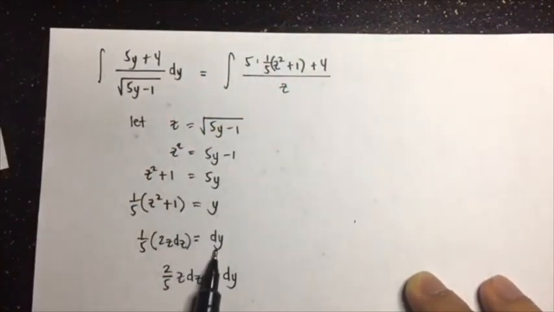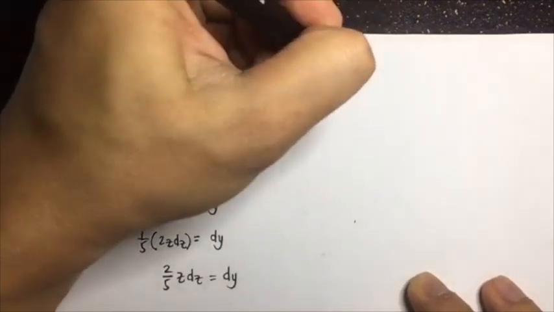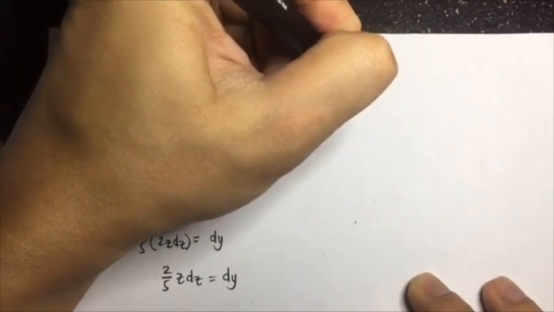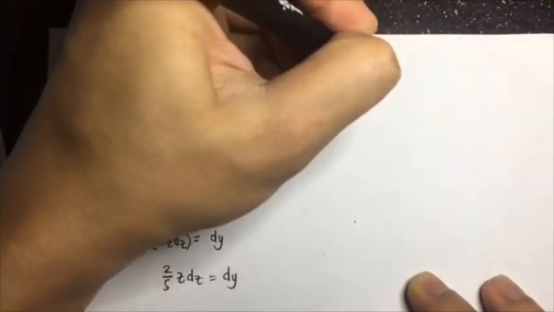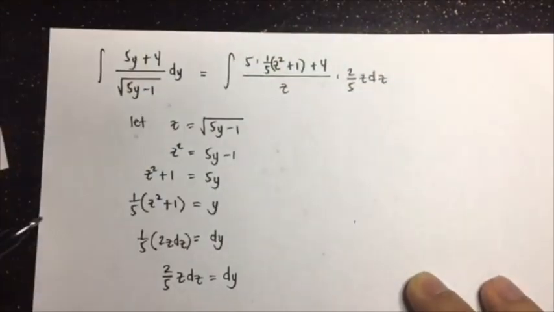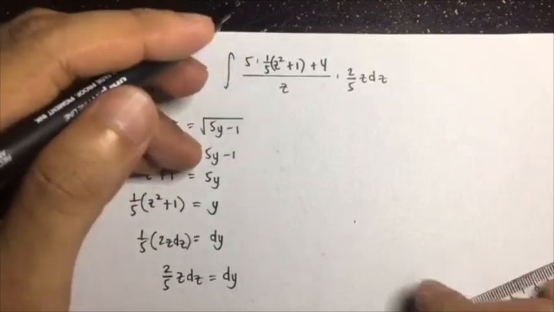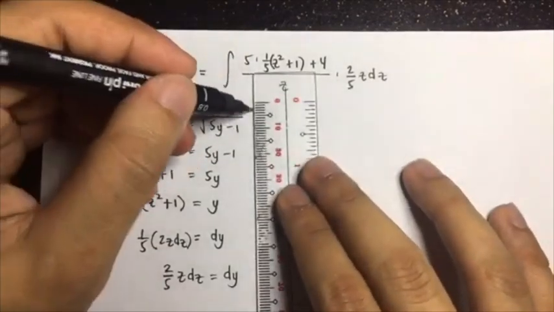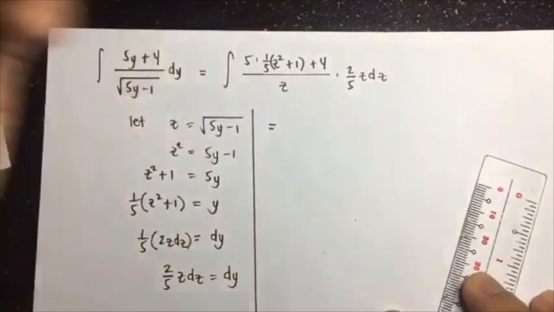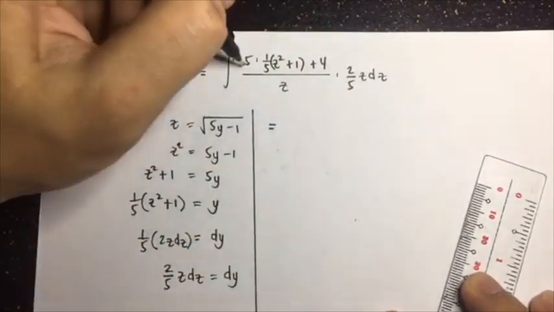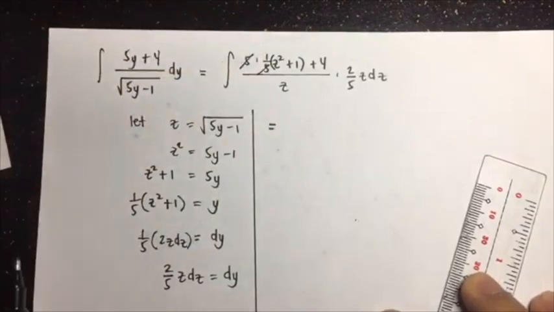And our dy is times 2/5 of z dz. Okay, so this will now become, so we will cancel 5.